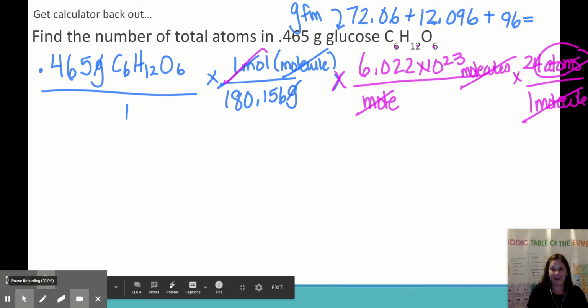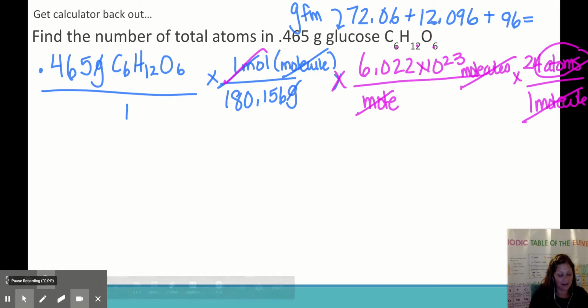And when I do this on my calculator, I'm going to do 0.465 divided by 180.156 times 6.022 E 23 so that we don't make mistakes. Enter.